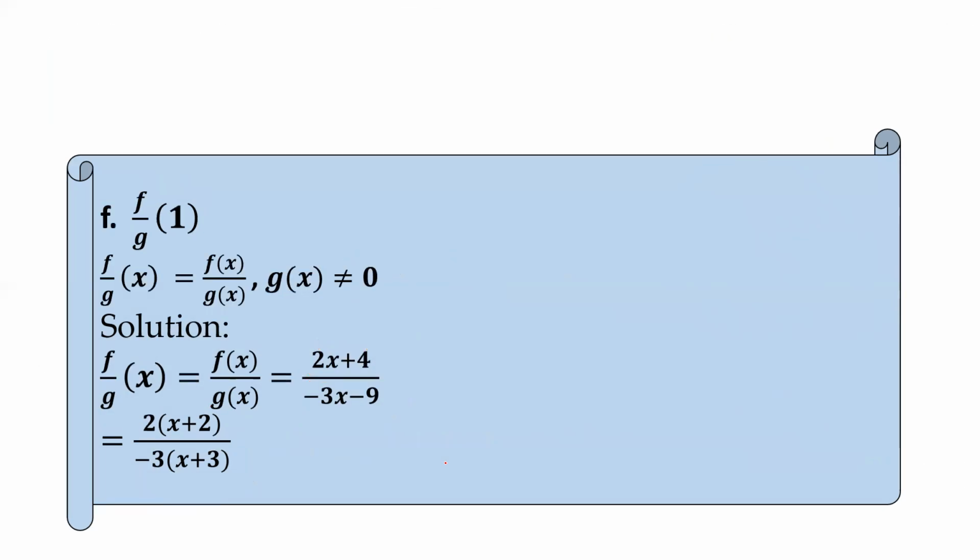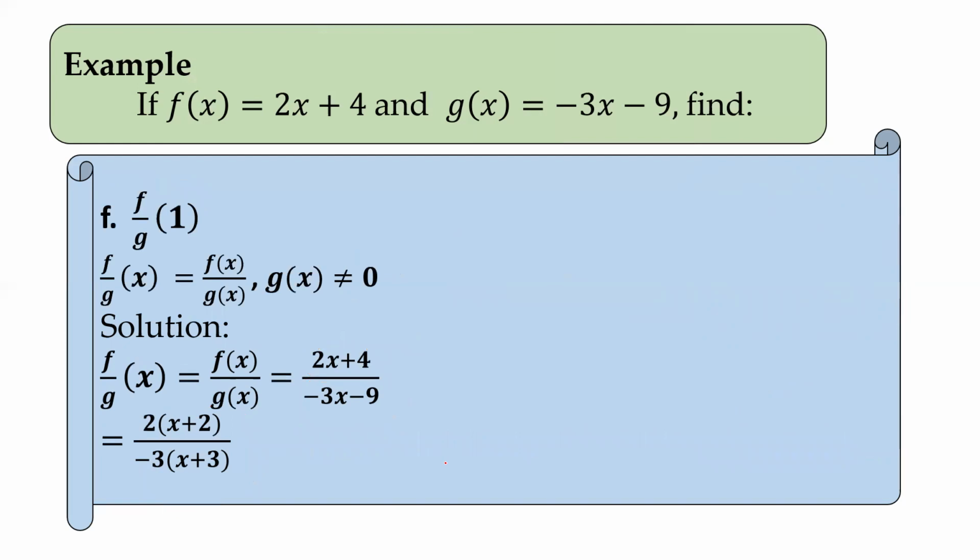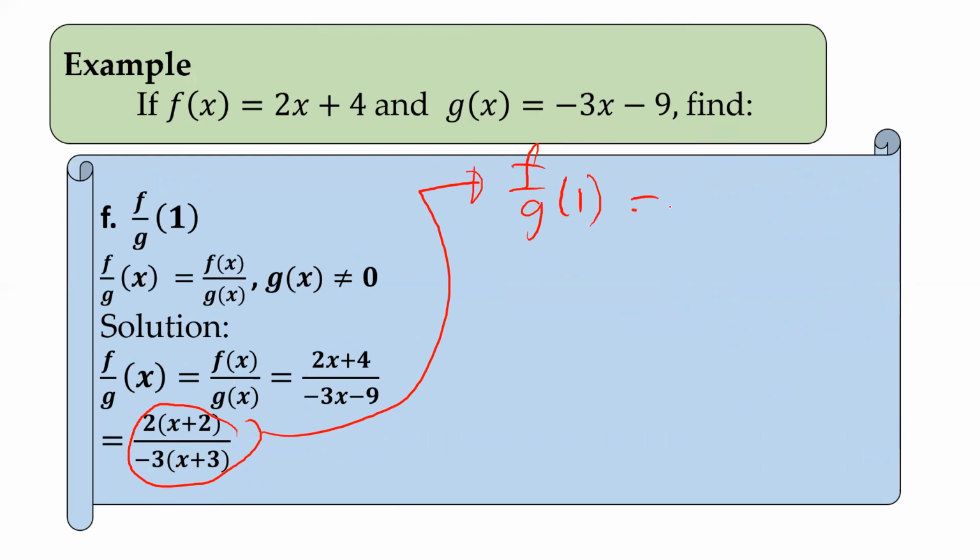Okay, what about if you are asked to evaluate? So you have already the result there earlier. The 2 times x plus 2 over negative 3 times x plus 3. What if you were asked to evaluate if the x is already positive 1? So we will have f over g of 1 is equal to yung 2 times x plus 2.